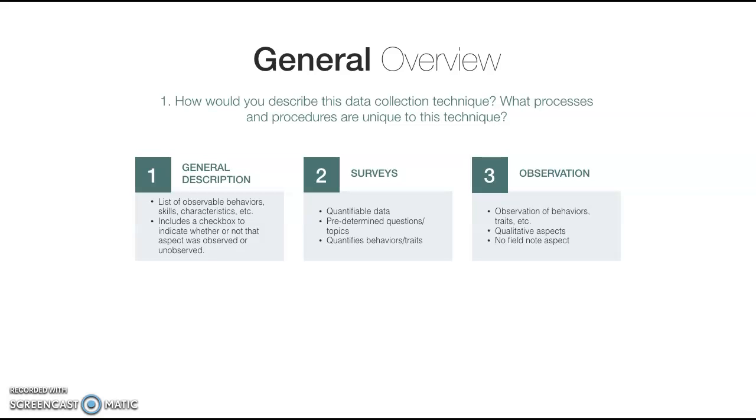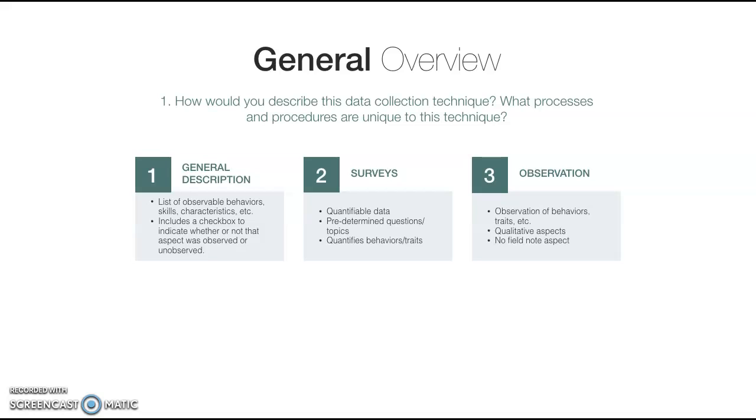And then there's a checklist tied to it with a checkbox for whether or not the behavior, technique, skill, characteristic, etc. is observed or unobserved. So it really is just a checkbox tied to a behavior of some sort, something observable.